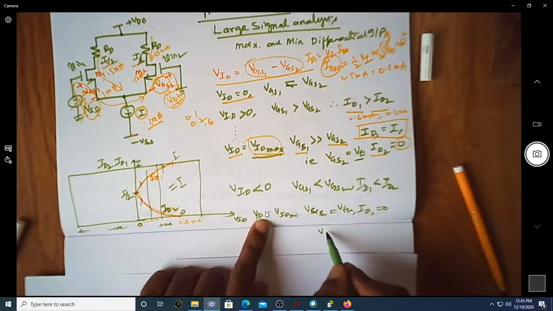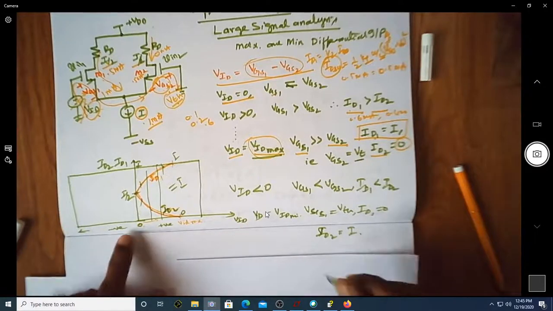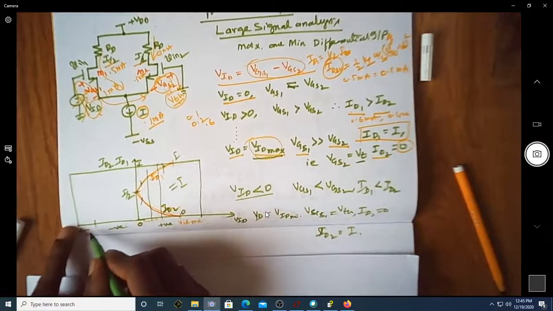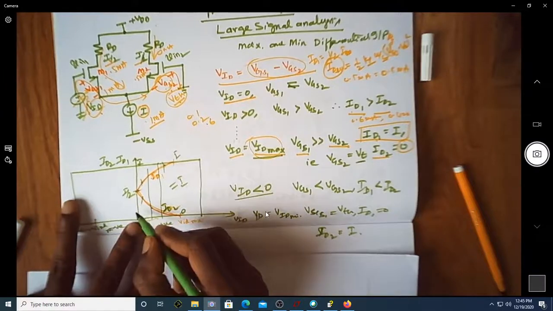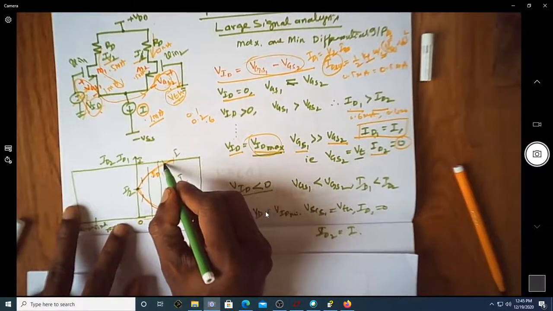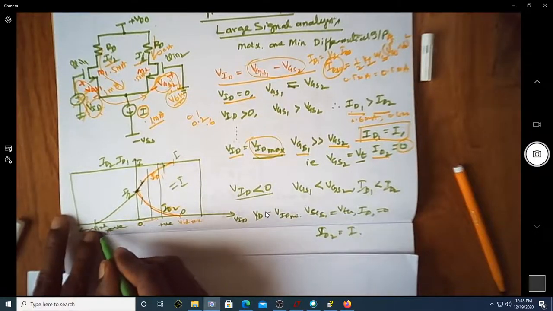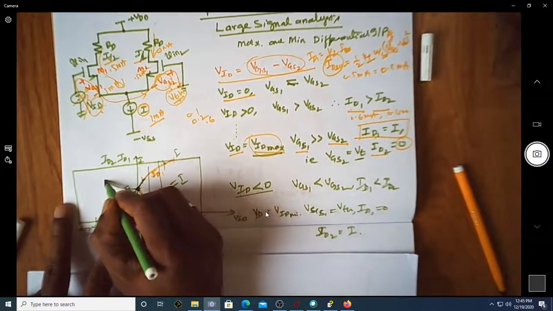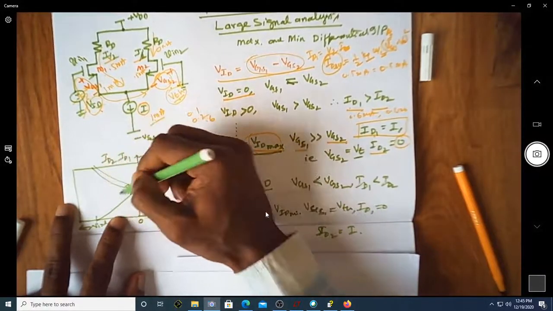So what will our ID2 be? ID2 will be equal to I. That's what happens if you make VID negative. Suppose this is minus VID min: whatever ID1 was, now ID1 will become 0 for a voltage equal to minus VID minimum, but ID2 will become I. Whatever was happening at the positive voltage will happen in reverse.